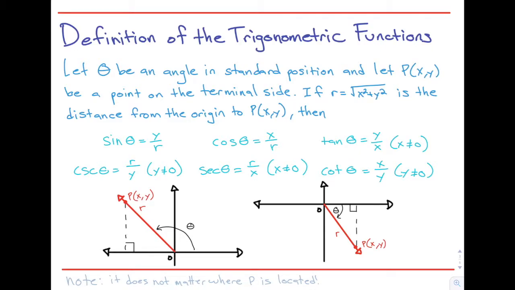If we start in standard position over here, we trace out our angle, and then we've got P(x,y) on the ray connecting the origin and that point. Interestingly, it does not matter where P is located on that ray. If we slide up along that radius, if we extend the radius out, we'll just be creating other similar triangles with the same angles.